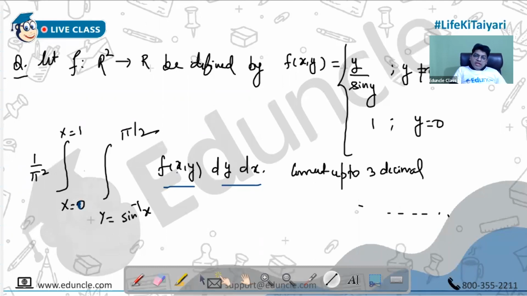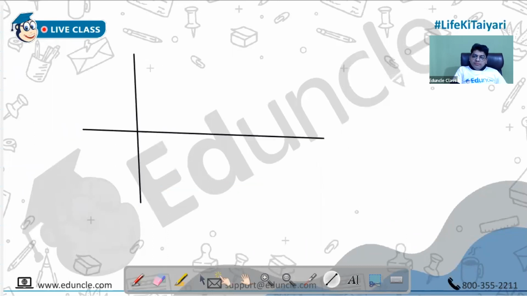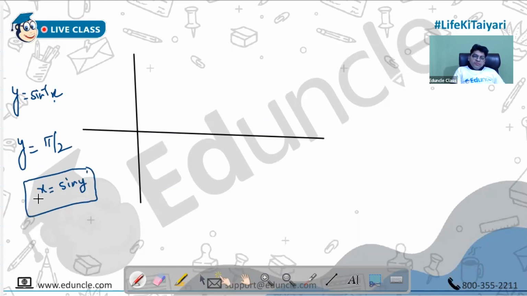y is equal to sin inverse x, y is equal to pi by 2. x equal to sin y. It will come like this.